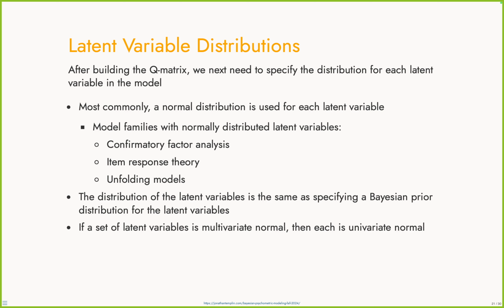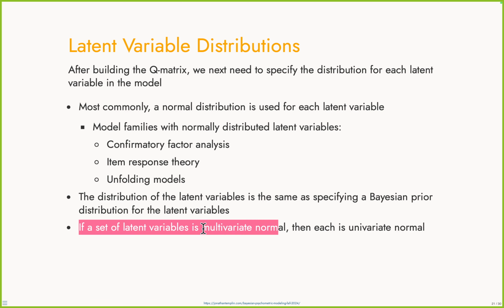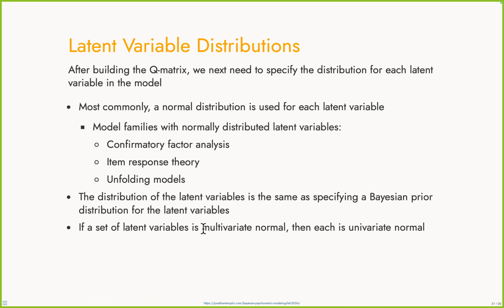In this step, when we specify a distribution for latent variables, it's the same as building a prior distribution. It's literally a prior distribution of those latent variables. And I remind you, from our last example from linear models, if we specify a multivariate normal prior, that means by implication that each single latent variable follows a univariate normal distribution.